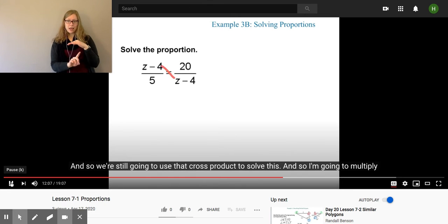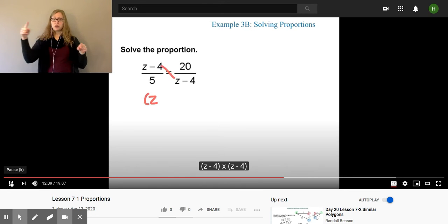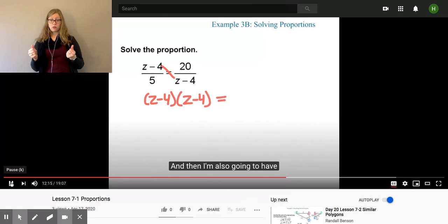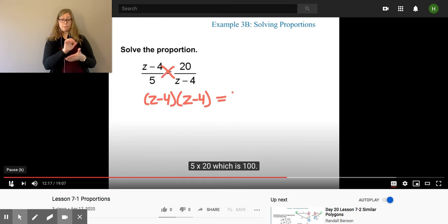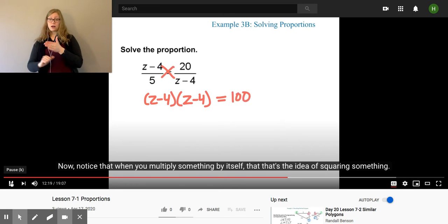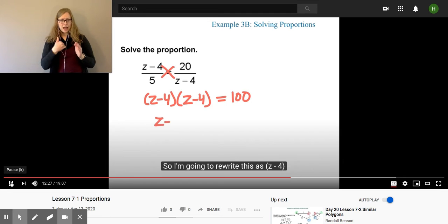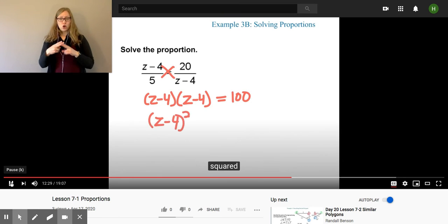So I'm going to multiply z minus 4 times z minus 4, and then I'm also going to have 5 times 20, which is 100. Now, notice that when you multiply something by itself, that's the idea of squaring something. So I'm going to rewrite this as z minus 4 squared equals 100.